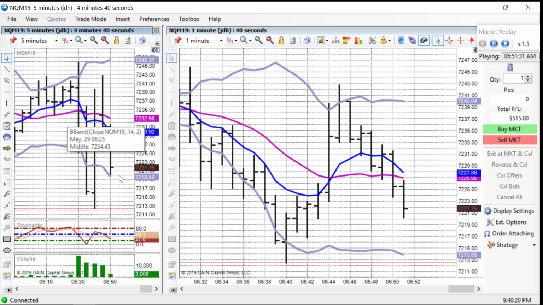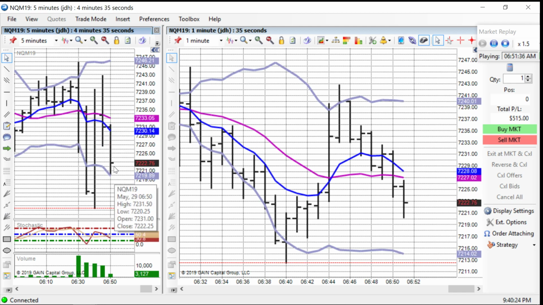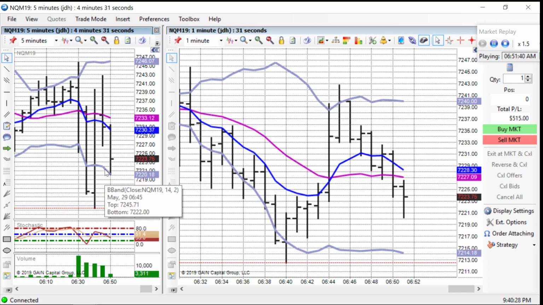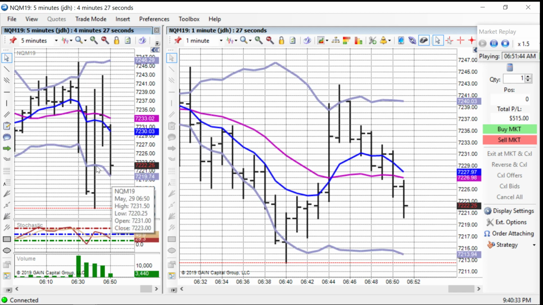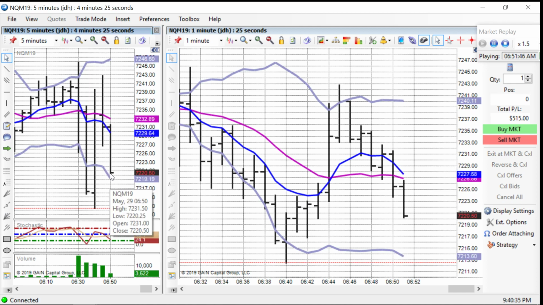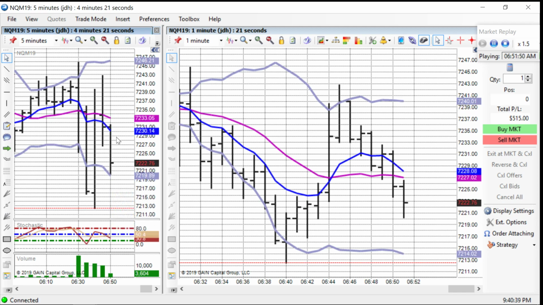If you look at where the current tick is on the 5-minute chart, it's down here near the 5-minute lower Bollinger Band. The same criteria applies. I can't be a short trader until it comes up close to that 8 EMA line.